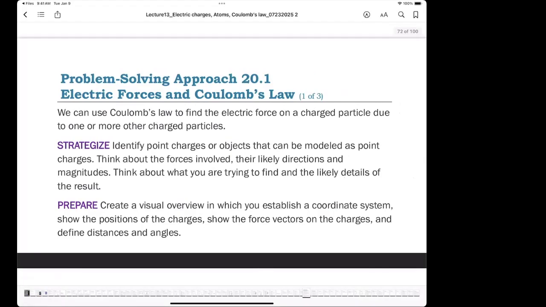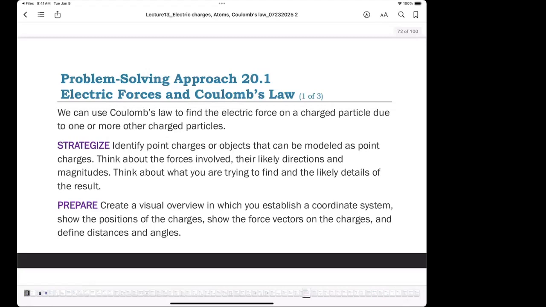We can use Coulomb's law to find the electric force on a charged particle due to one or more other charged particles. The strategy is to identify point charges or objects that can be modeled as point charges. Think about the forces involved, their likely directions and magnitudes. Think about what you are trying to find and the likely details of the result.